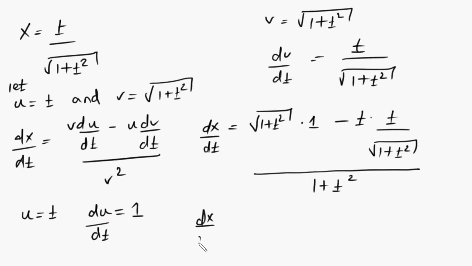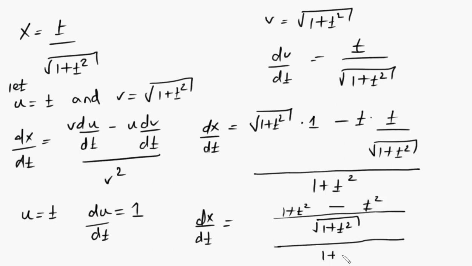So my dx dt now is going to be equal to, okay, the LCM there is 1 plus t squared. So dividing by 1 I get 1 plus t squared, multiplying with this one I get that 1 plus t squared, okay? Minus t squared over 1 plus t squared.